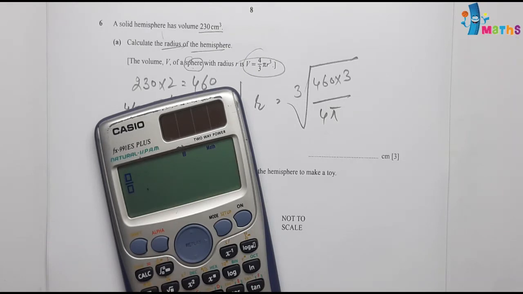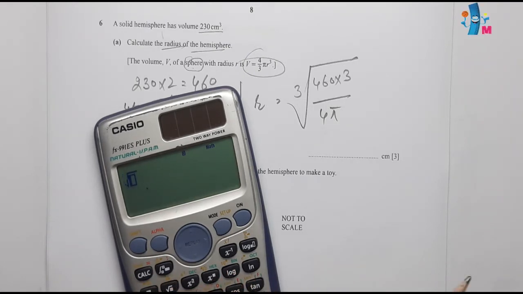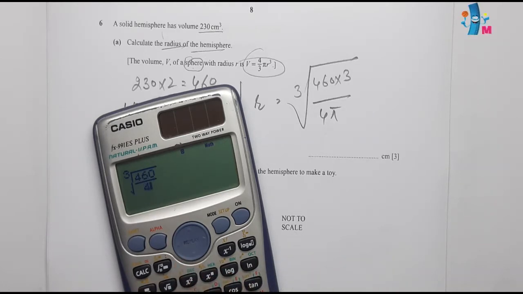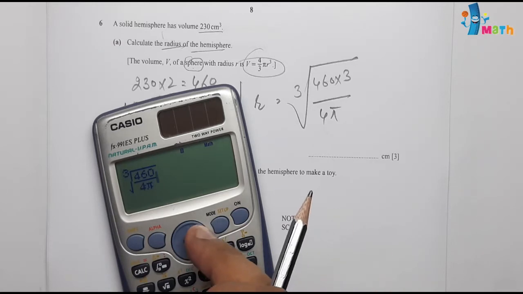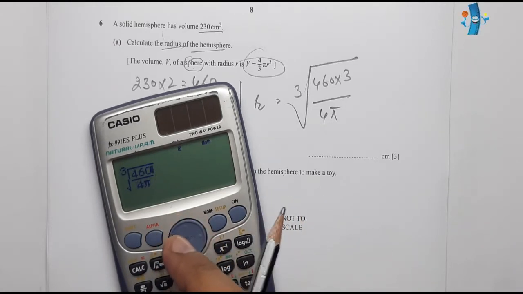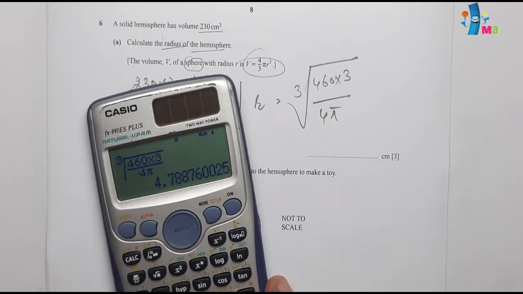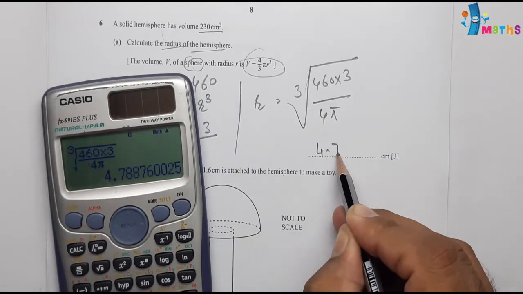Basically cube root of 460 into 3 over 4 pi is equal to 4.78. So we can give answer 4.78.